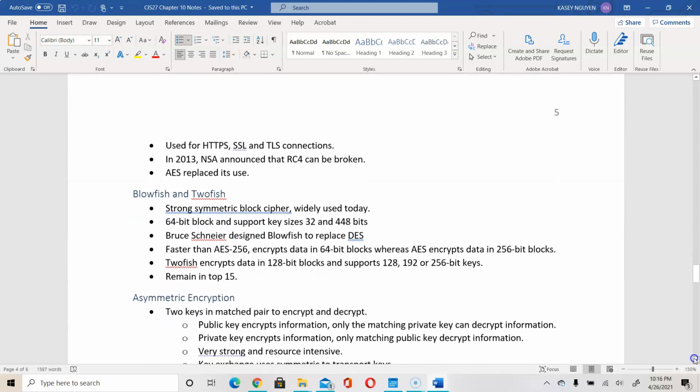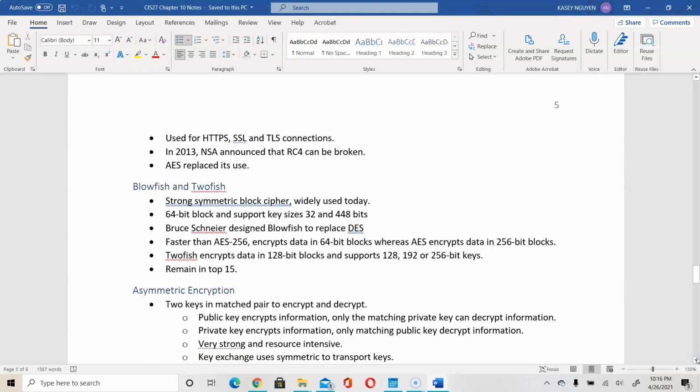Next, we're going to talk about Blowfish and Twofish. So Blowfish and Twofish are symmetric block ciphers. They are strong and would be used today. They use 64-bit blocks and support key lengths from 32 bits to 448 bits.